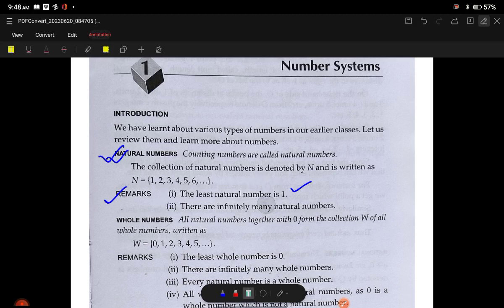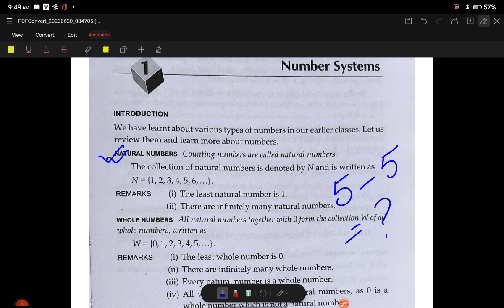Next, people introduced the concept of 0. How? Suppose you have five pens. You are giving all these 5 pens to your friends. So how many pens will you have?